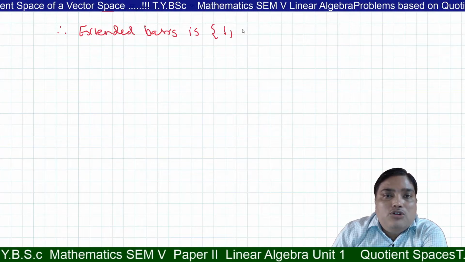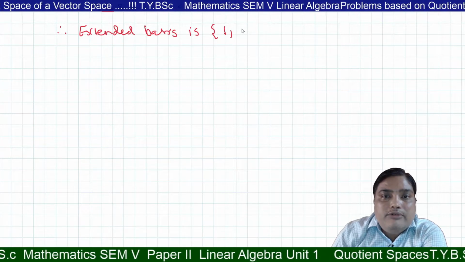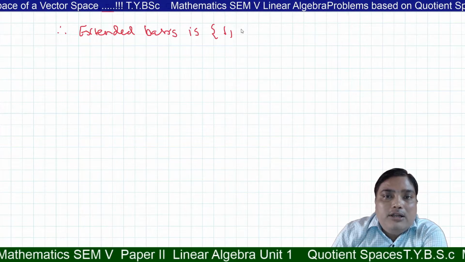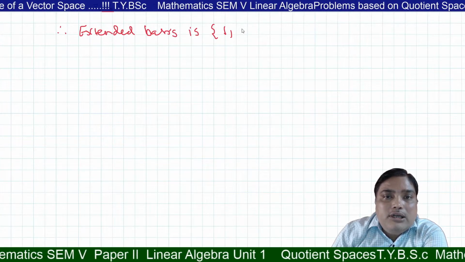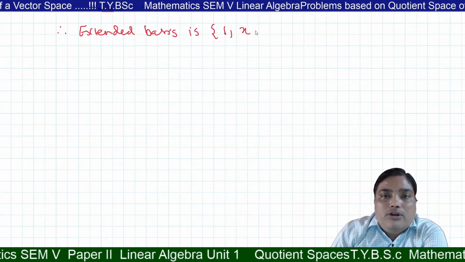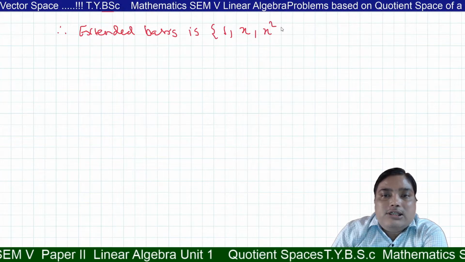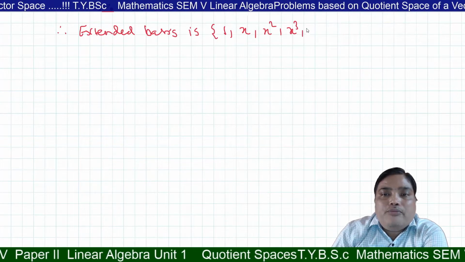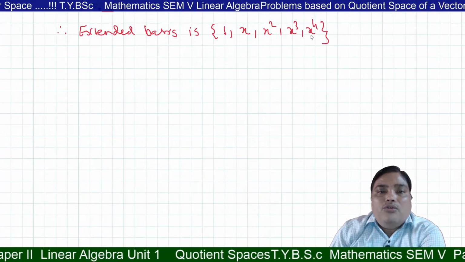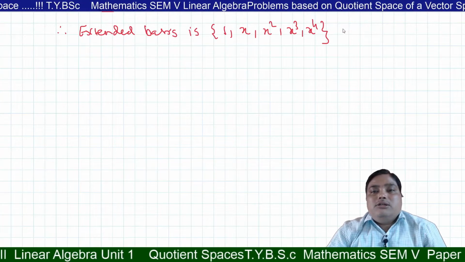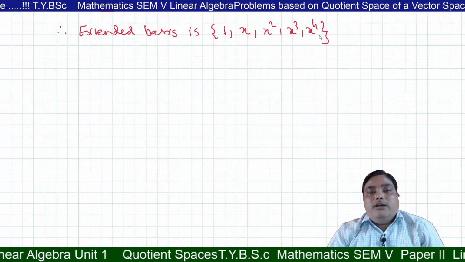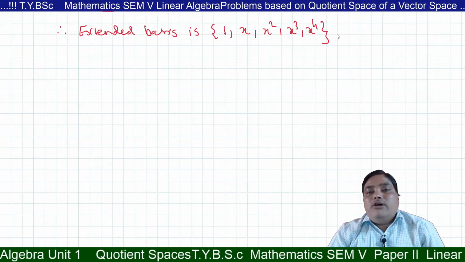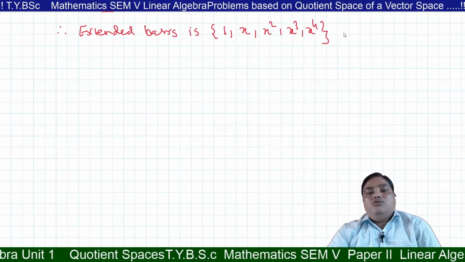4 elements in such a way that after adding the 4 elements, the new set formed is linearly independent. So we are going to add here x square, x cube, x raised to 4. Okay, so extended basis is 1, x, x square, x cube, x raised to 4.